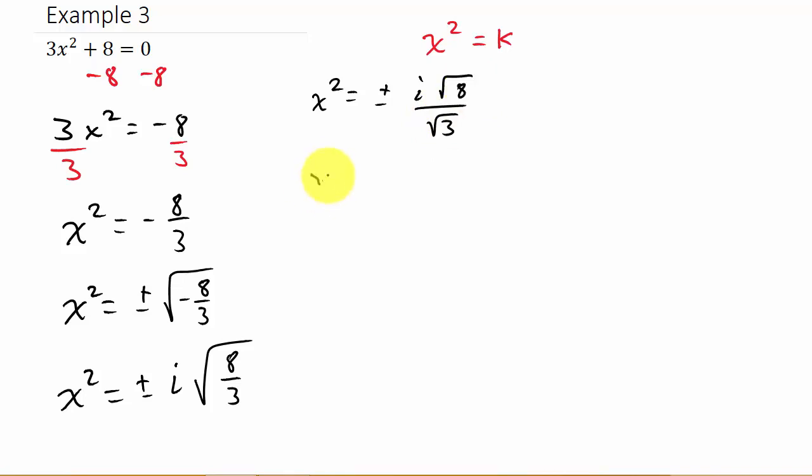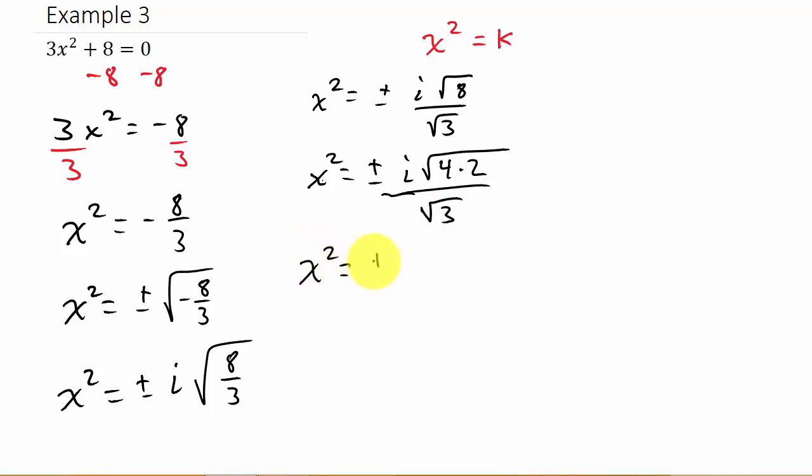So that's plus or minus i square root, and then 8 is 4 times 2, over the square root of 3. Now the square root of 4 is 2, so that's 2i, and then this 2 has to stay underneath, it's not a perfect square, over the square root of 3.